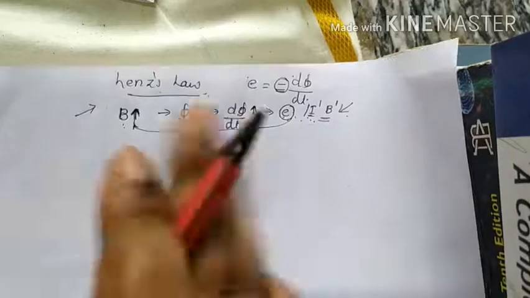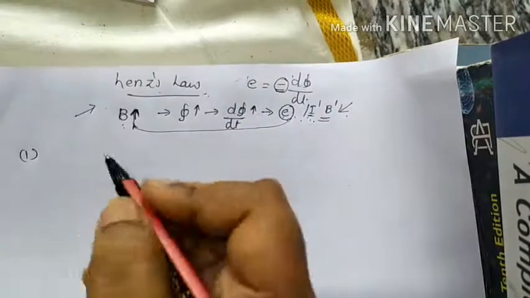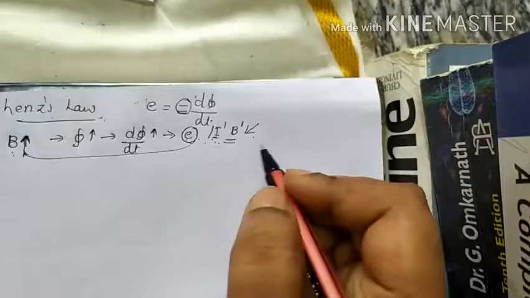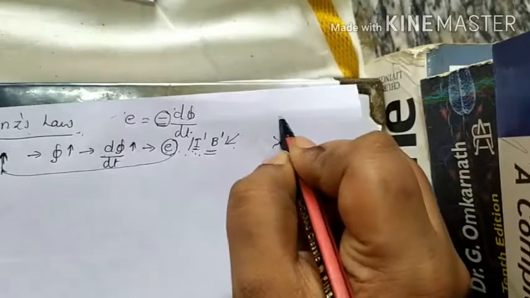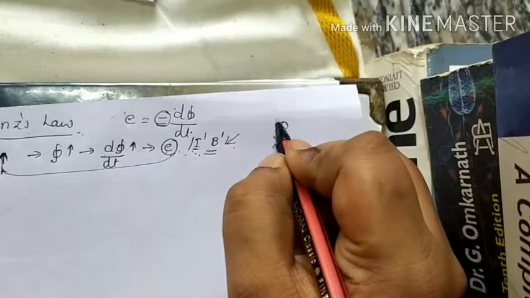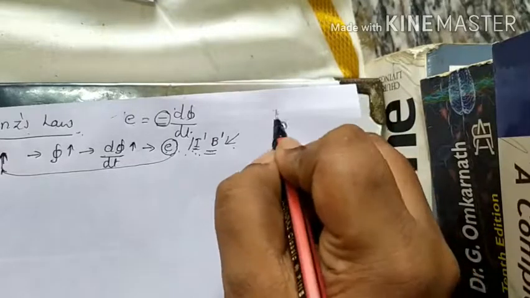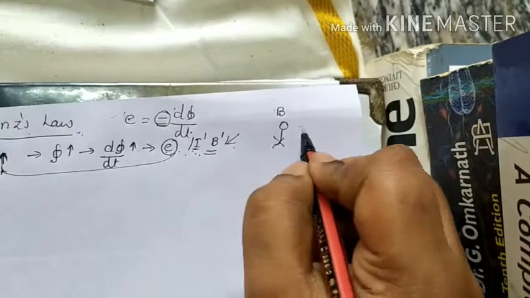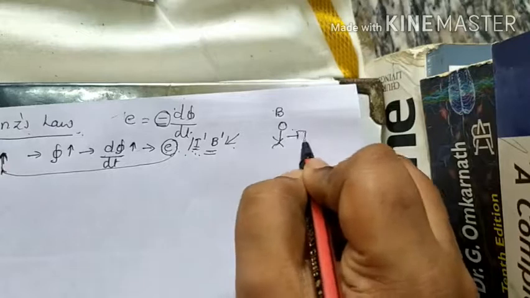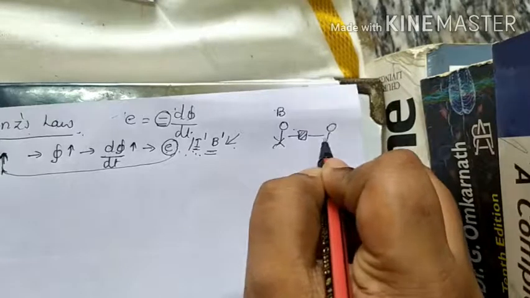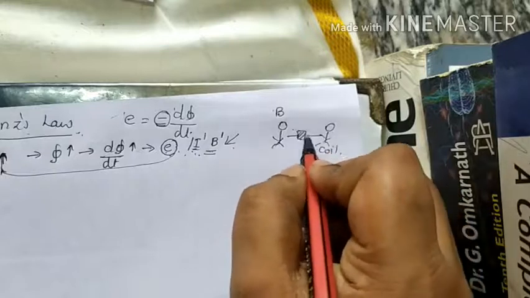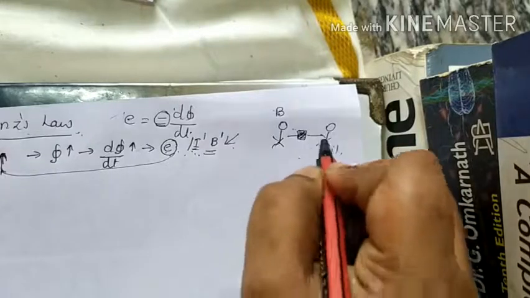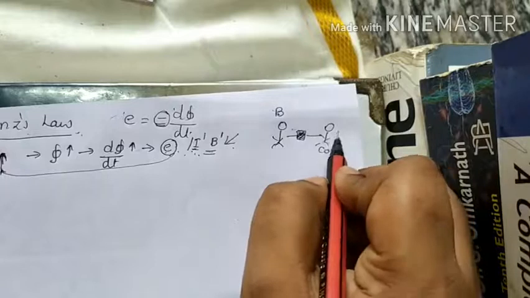I hope you understood it. Let's take an example. Suppose this is the magnetic field, this is your friend, and this is your field which is changing, and he gave a gift to you. So you are the coil. And you ate this gift, let's say a chocolate, and you were happy, so your energy increased.